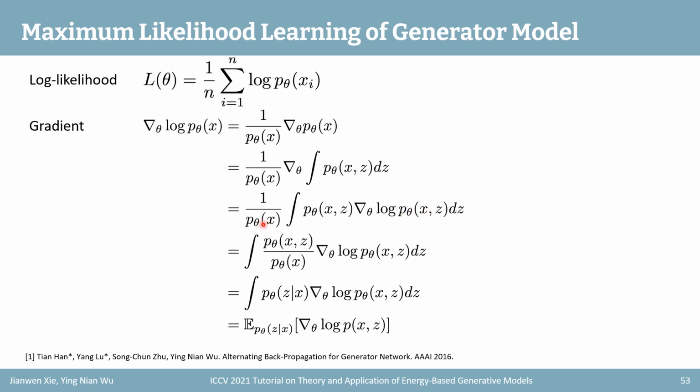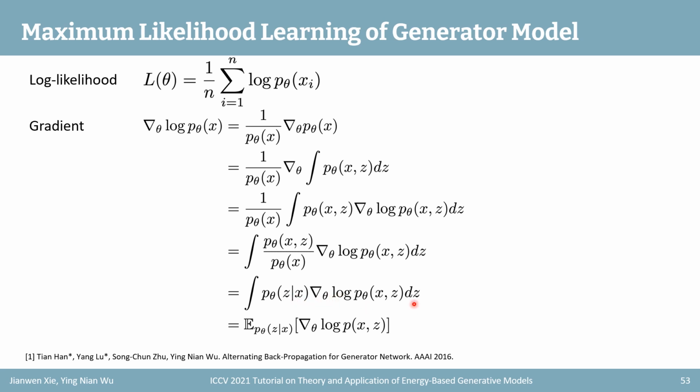Then we can move this p_theta(x), this marginal, inside because this is an integral over z. And then we get this joint divided by the marginal, which is the conditional distribution of z given x, which is also the posterior distribution of z given x, which serves as the basis for us to infer z based on x.